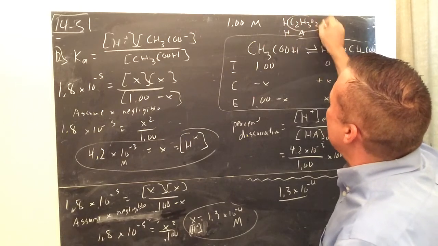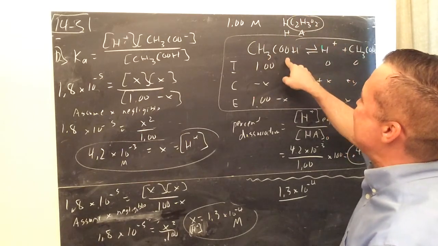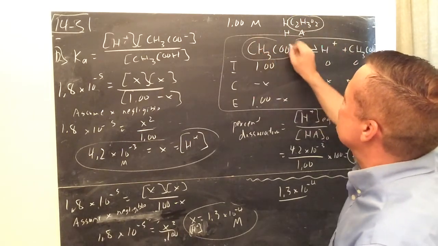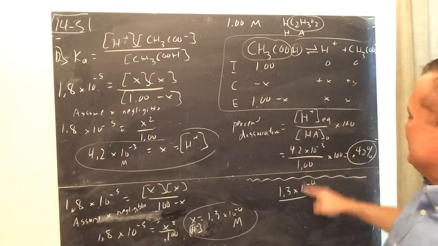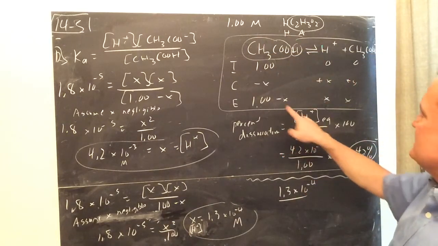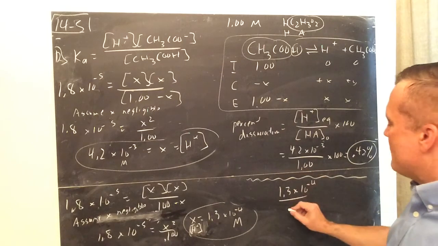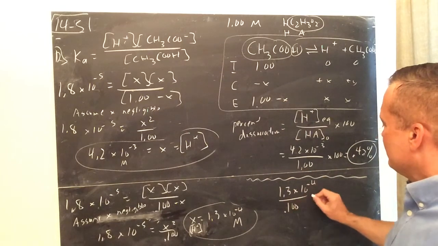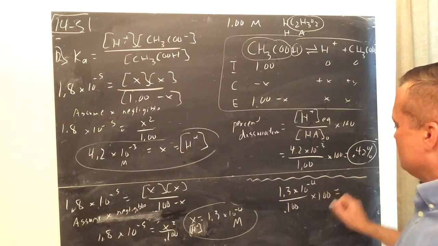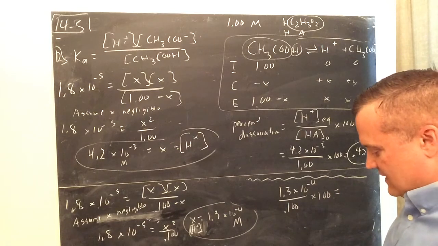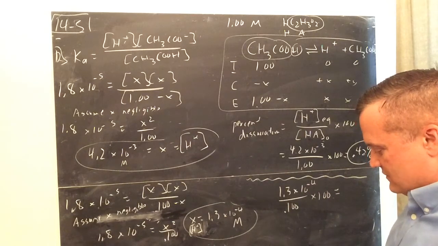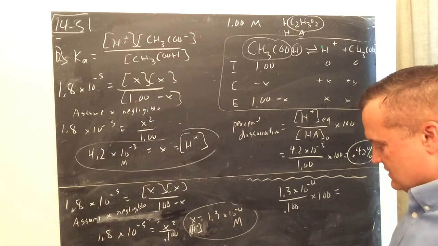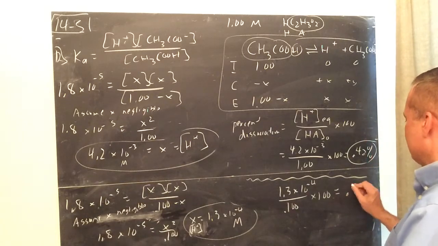HA, that's your anion, C2H3O2 negative, and H plus. But anyway, it's still HA. The acid in this one was 0.100, times 100. So 1.3 times 10 to the negative 4 divided by 0.100 times 100 equals 0.13%.